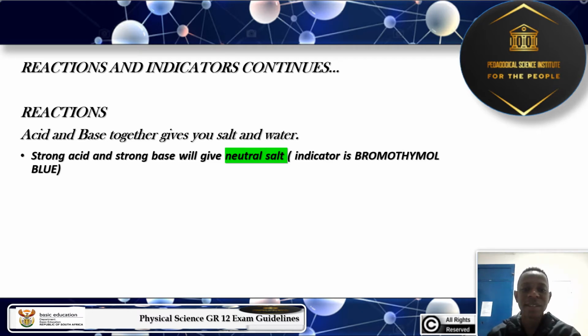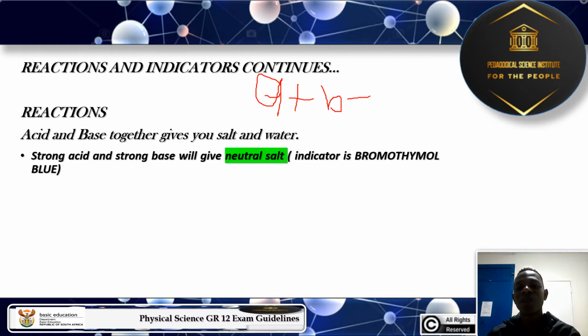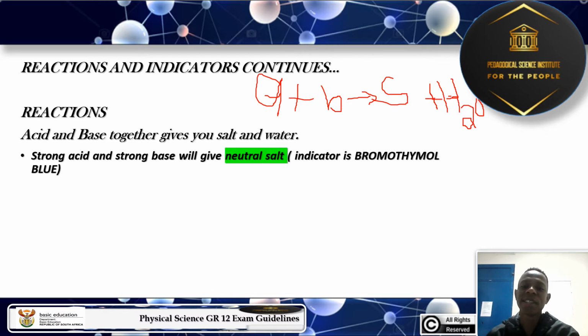So in simple words, acid plus base is going to give you salt plus H2O. You see, acid plus base gives salt plus water.